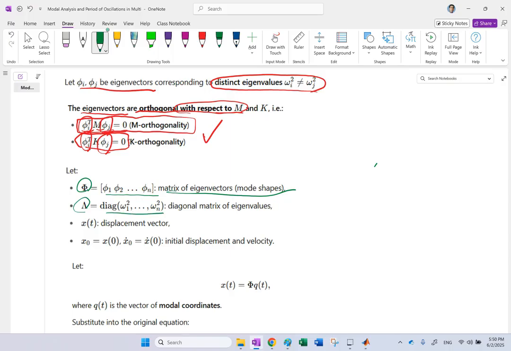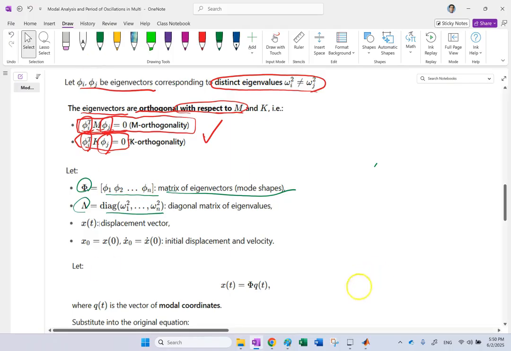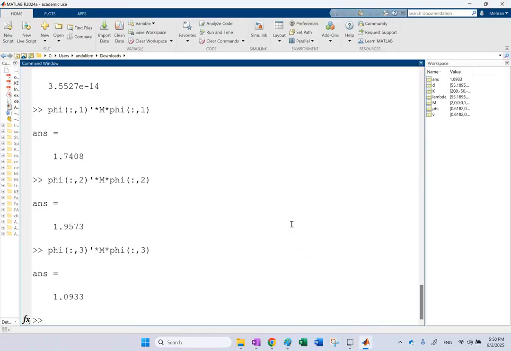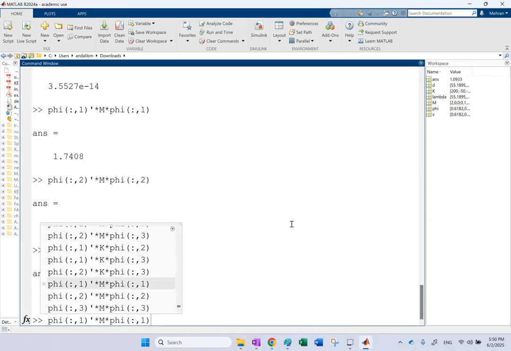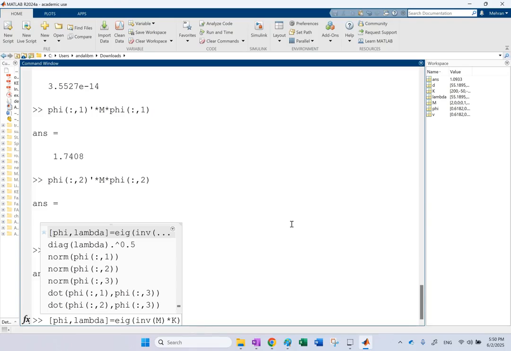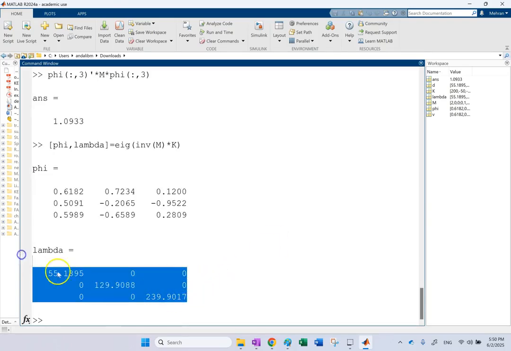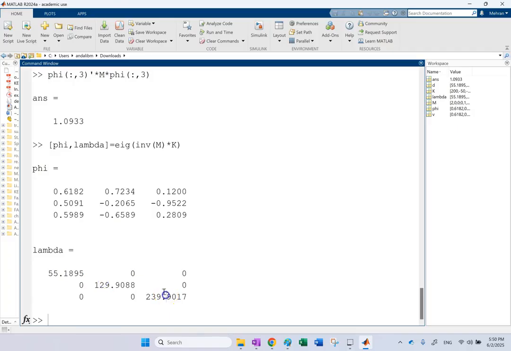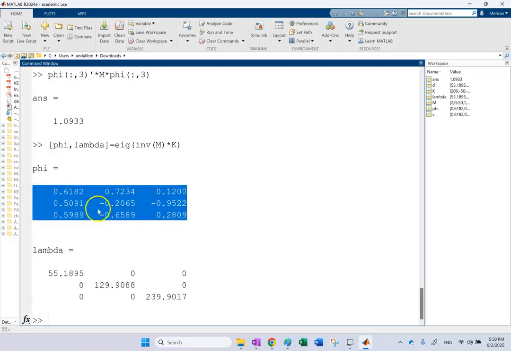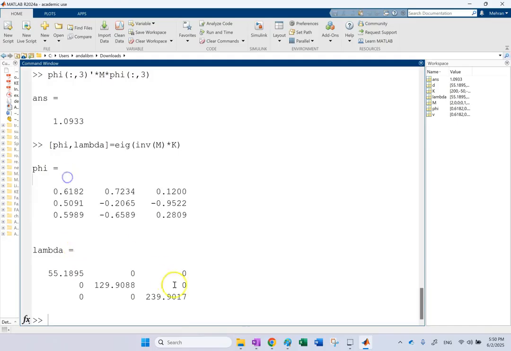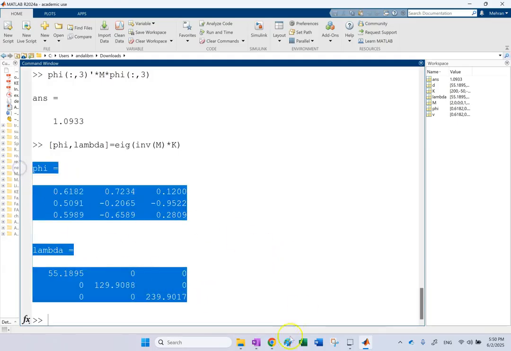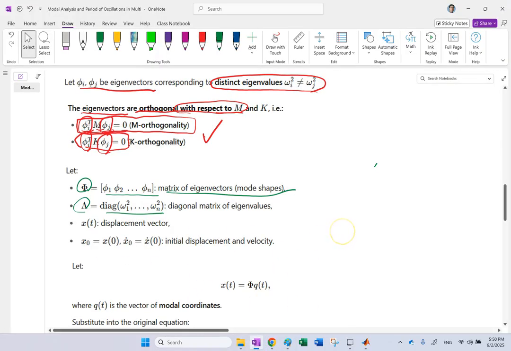So basically phi and lambda are the same thing that I showed you in MATLAB. Remember? When we ran this command, look, lambda is the diagonal with eigenvalue squared in it, and phi is those 3 mode shapes or 3 eigenvectors, right? So this is the phi and lambda that I'm talking about.